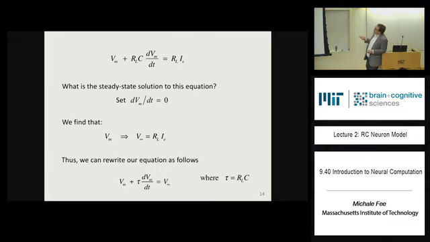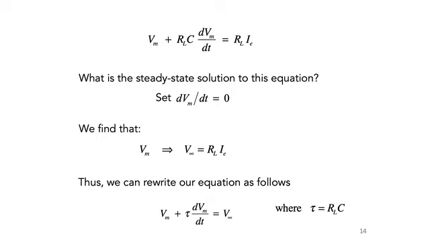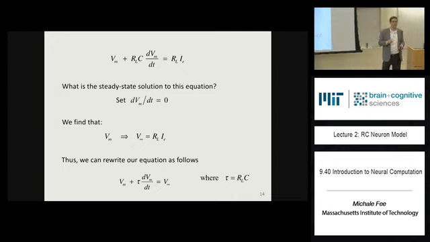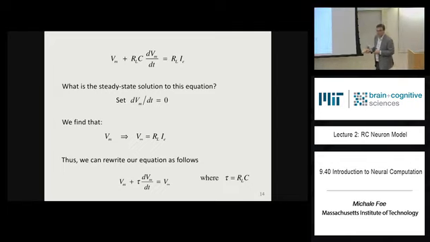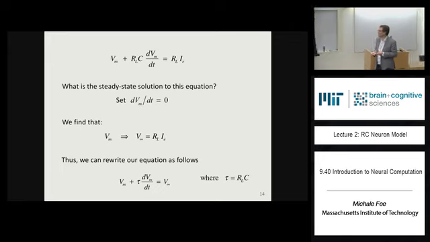Okay, so we're going to just rewrite this equation as Vm plus tau dV/dt equals V infinity. And that equation we are going to see over and over and over again in this class in many different contexts. All right, it's a first-order linear differential equation, and it's very powerful. Okay, so I want you to get used to it.